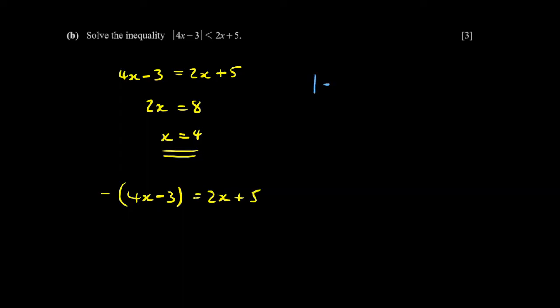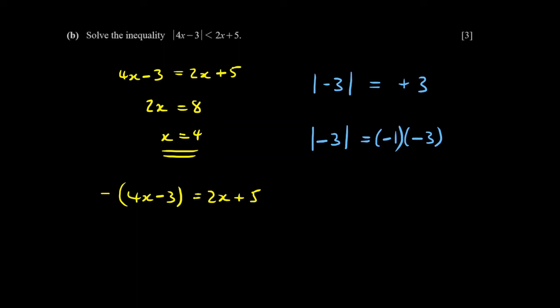Earlier I said that the function of the modulus is to turn a negative number into a positive, right? So the mod of negative 3 is equal to positive 3. Well, how else could we think about that? We could say that what the function mod negative 3 does is it multiplies negative 3 by negative 1, because if you multiply negative 3 by negative 1, you get positive 3.